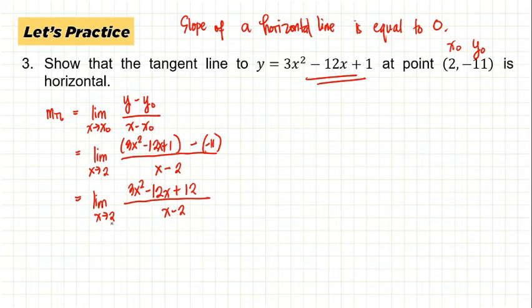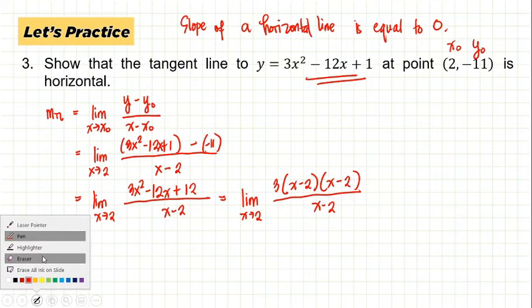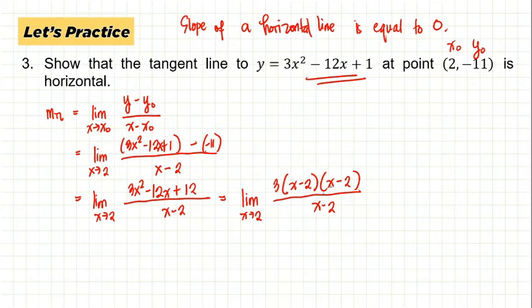Now, if we try to do direct substitution, the result will be 0 over 0, which is indeterminate again. So if that's the case, we will factor. The factors of 3x squared minus 12x plus 12 will be 3 times x minus 2 and x minus 2, all over x minus 2 as x approaches 2. So from that, we have a common factor, x minus 2, so this will be canceled out.